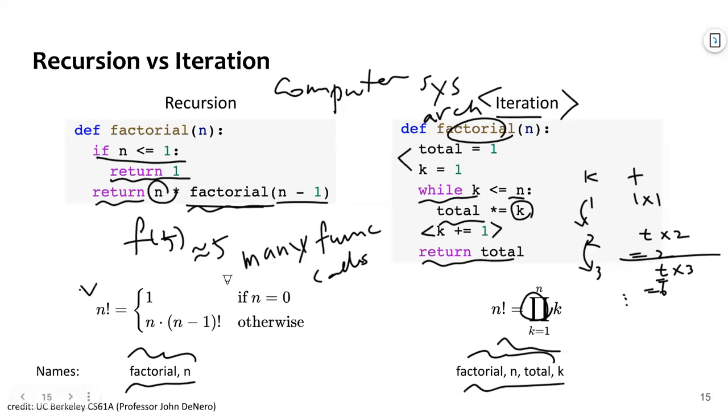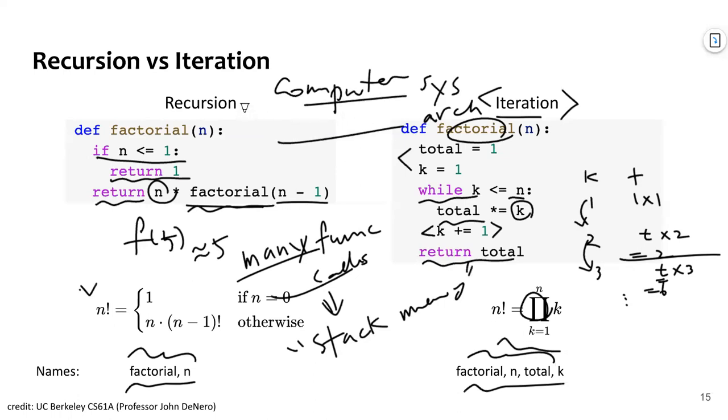And when you call many functions, they affect a memory called stack memory. You're going to learn the concept of stack memory in the computer systems or computer architecture classes. So sometimes this might be problematic. So in general, people recommend iteration.